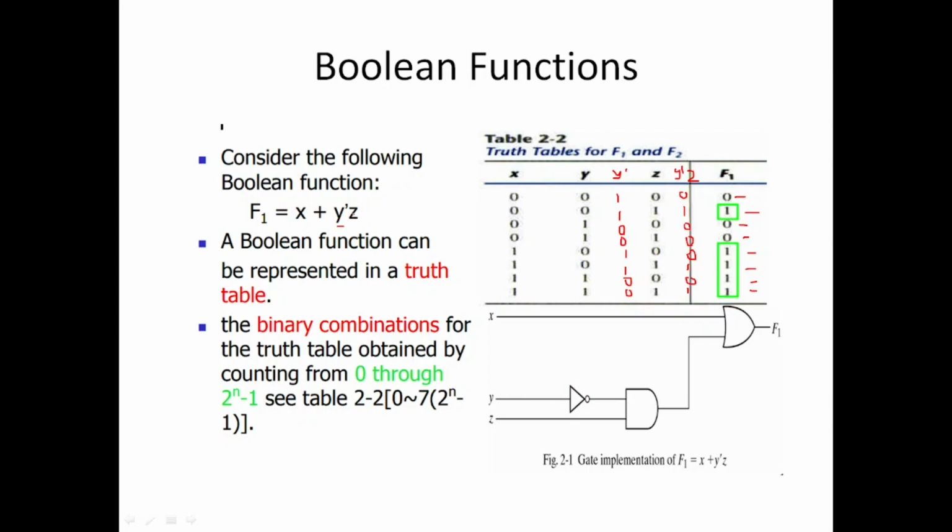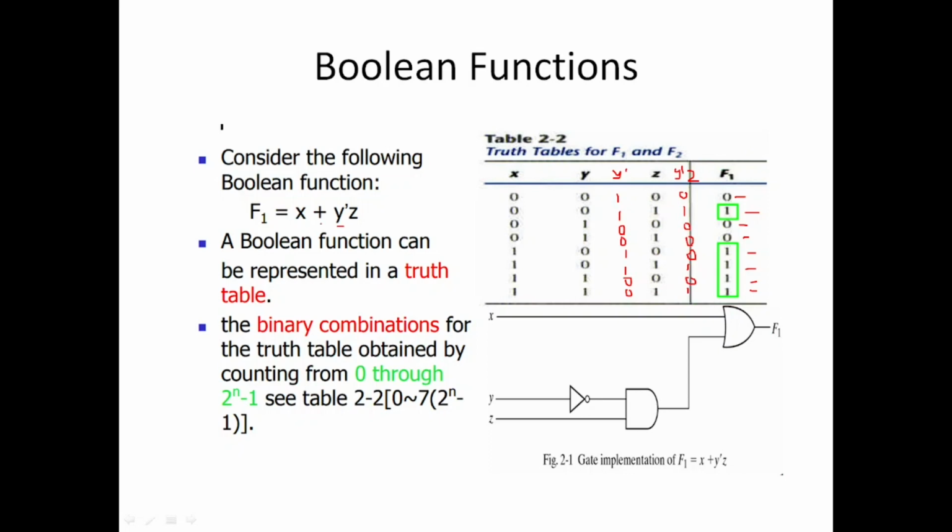For y dash z, we have to use an AND gate. And after that we have to use an OR gate with x. So this y dash z has to be ORed with x using an OR gate, and we give the connections like this so that we can get the final Boolean function f1.